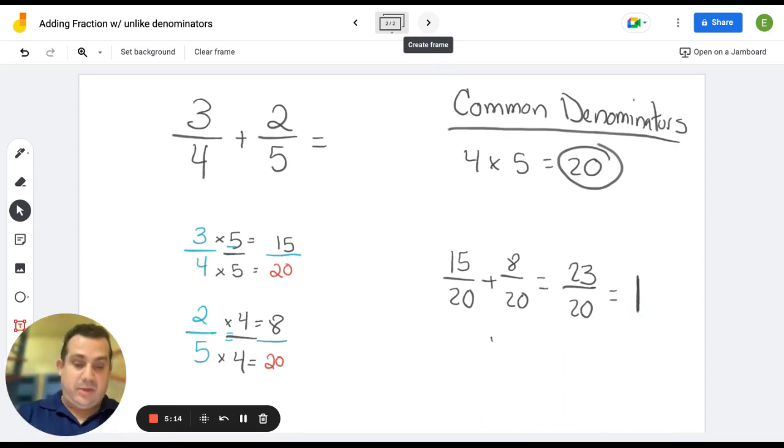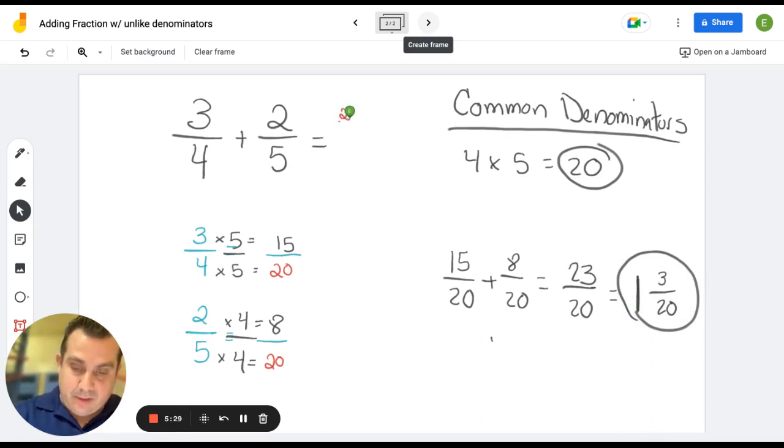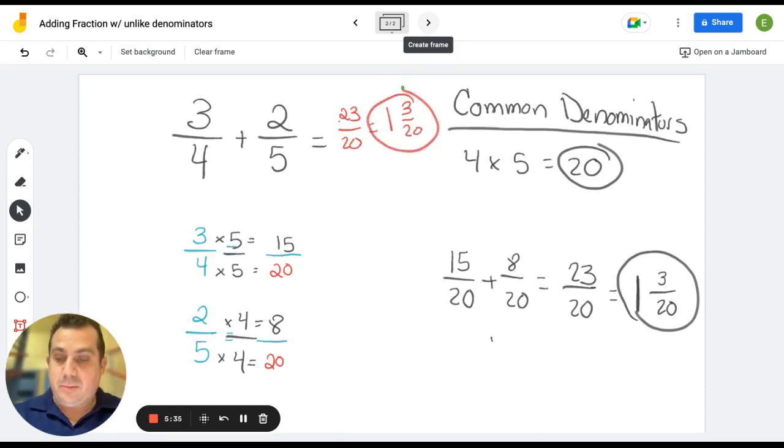And then we still have 3 left over to get to 23. And my denominator stays the same. So 1 and 3/20. So I could just put my answer up here, which was 23/20, which equals 1 and 3/20. So 3/4 plus 2/5 equals 1 and 3/20.